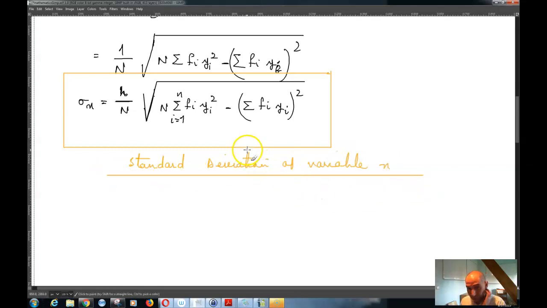Now let's use all of these formulas to see what we can do with them.